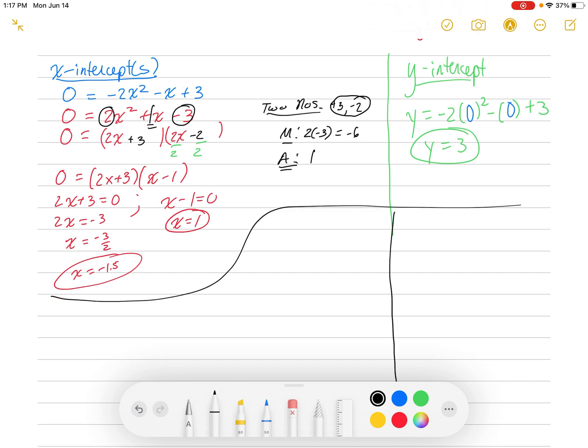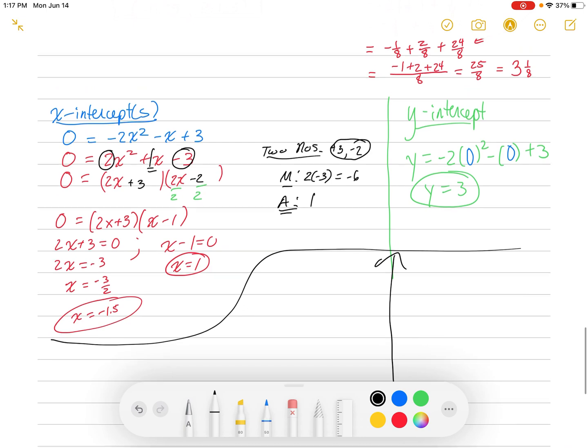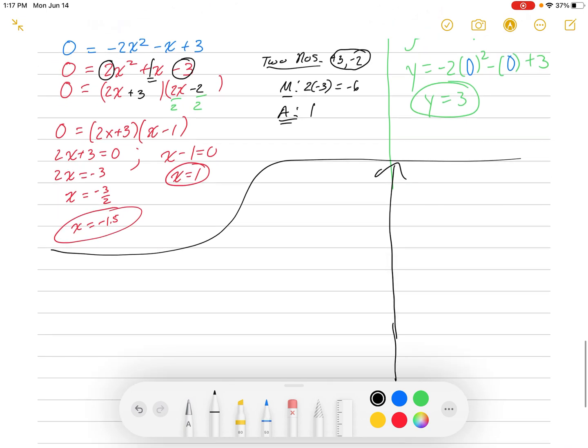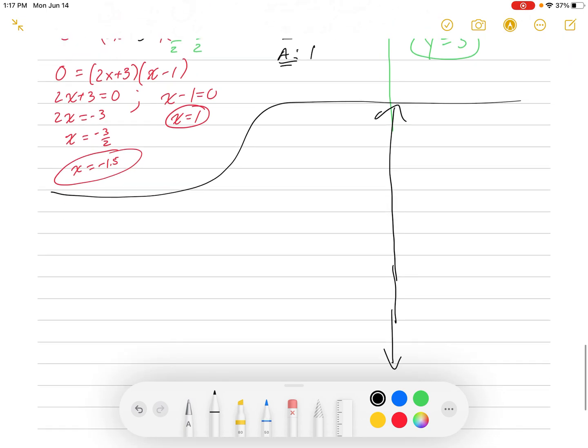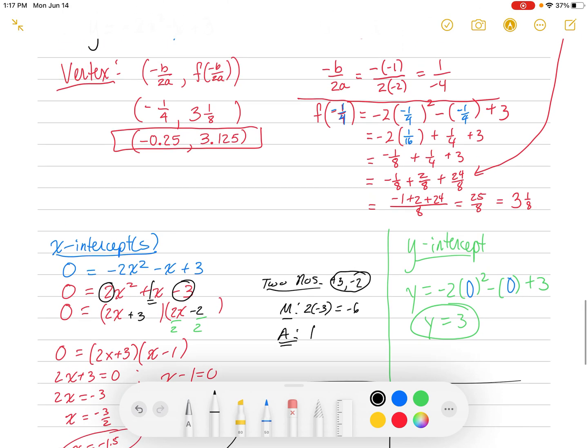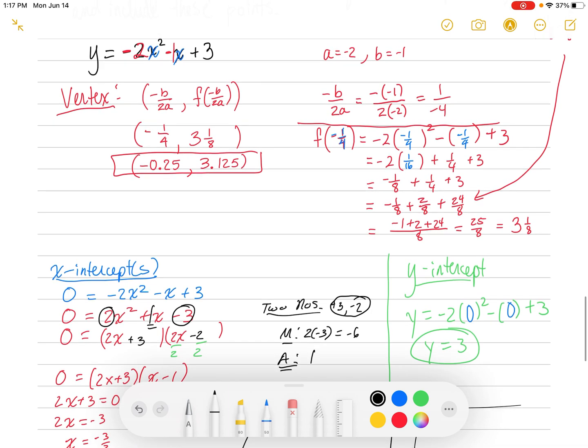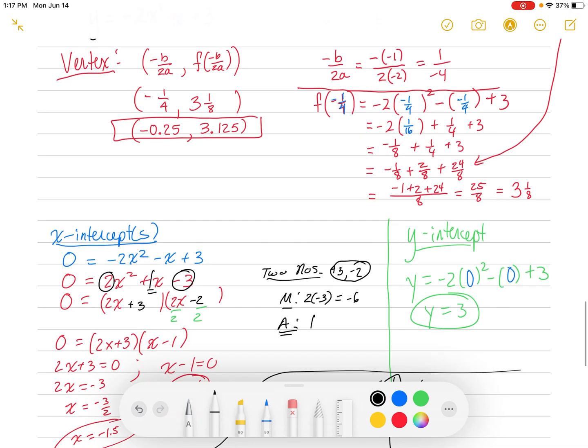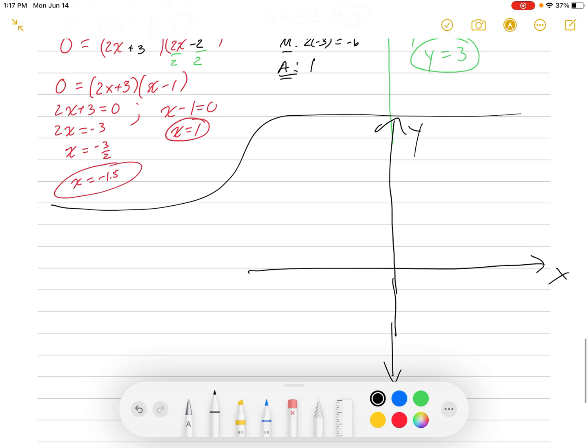All right, so here we go. We are going to plot everything. Let's see, how big do I need to make this? X-axis, y-axis. Let's start with the vertex. Remember what the vertex was. It was minus 0.25 and 3.125.